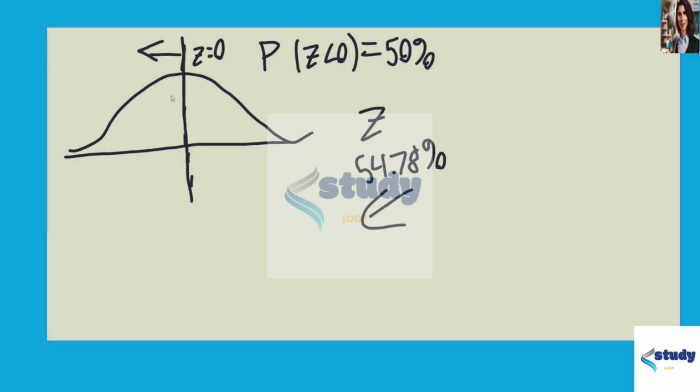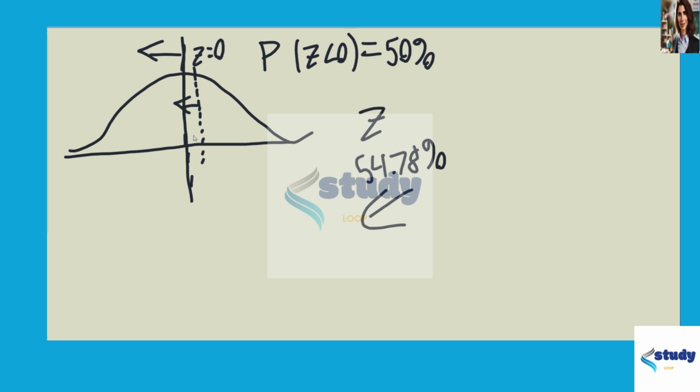On my normal curve, 50% of the area under the curve is to the left of 0. 54.78% of my z-scores are going to be less than maybe this point right here. So 54.78% of the area under this curve is to the left of this z-value.